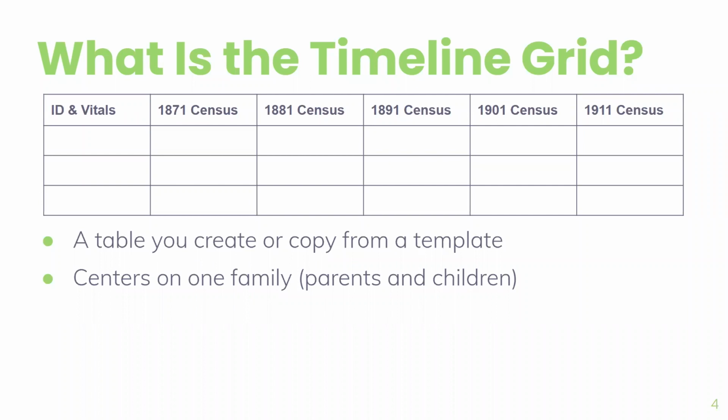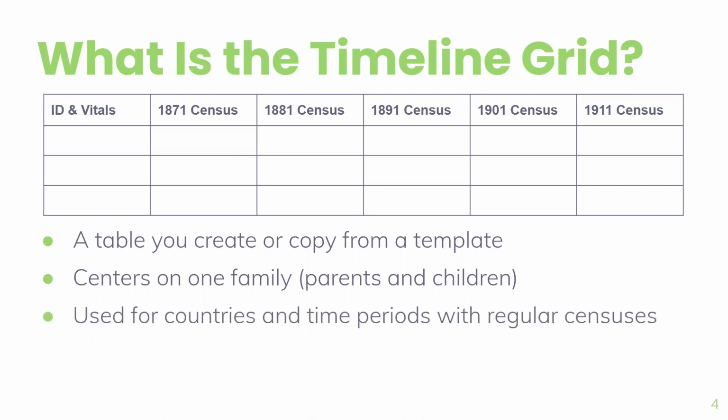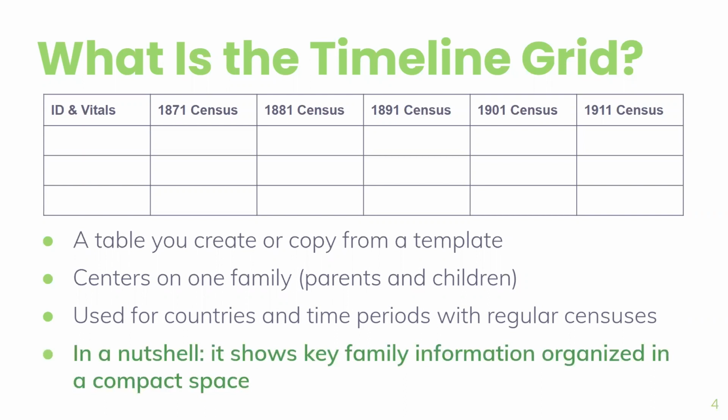It just didn't work very well. So I started just doing one family at a time and then linking grids to each other, and I'll show you an example of that. It's most useful in countries and time periods that have regular censuses. So in a nutshell, the timeline grid shows key family information organized in a compact space.